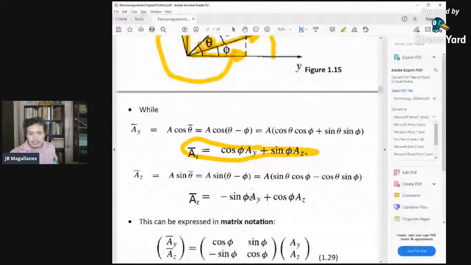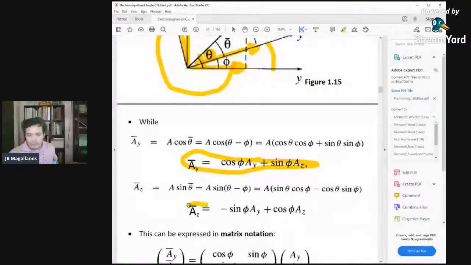For AZ bar, you have this expression because it's A sine theta bar, and theta bar would just be theta minus phi. And then if you expand that, you will get this expression.